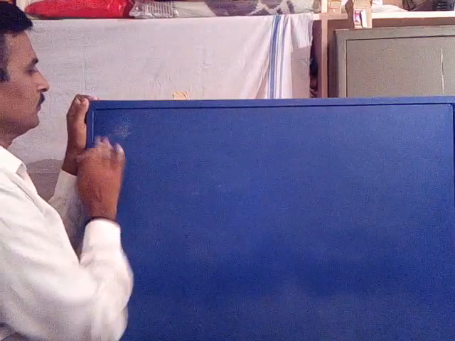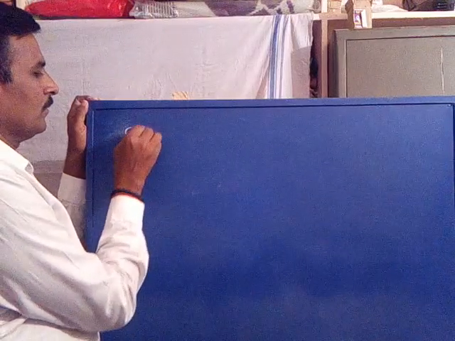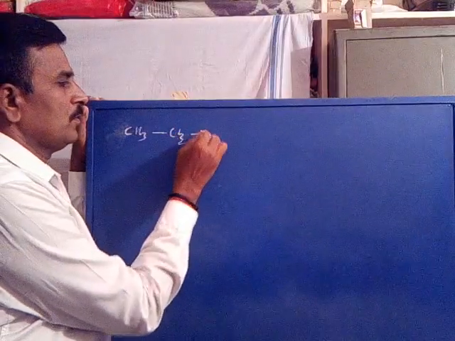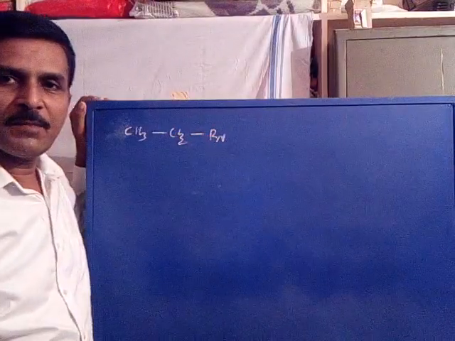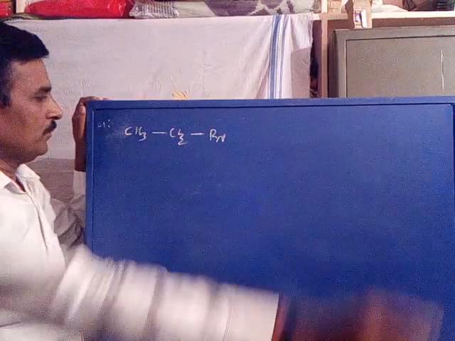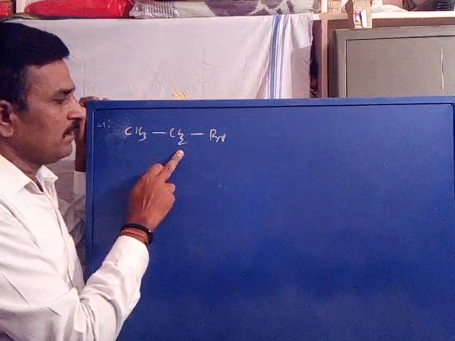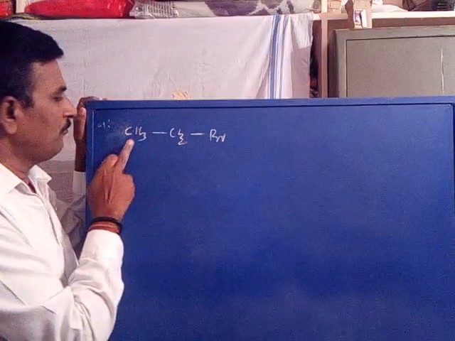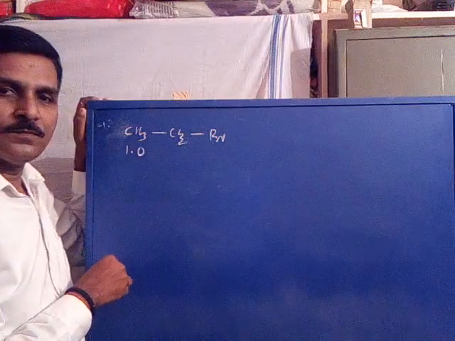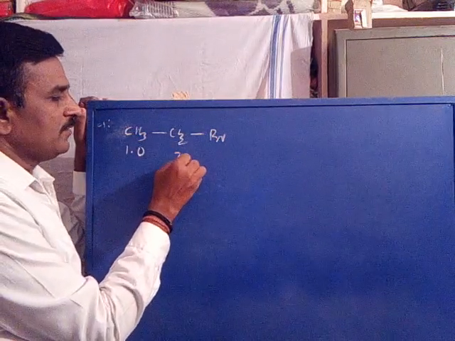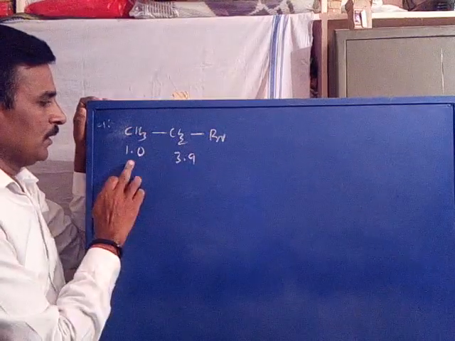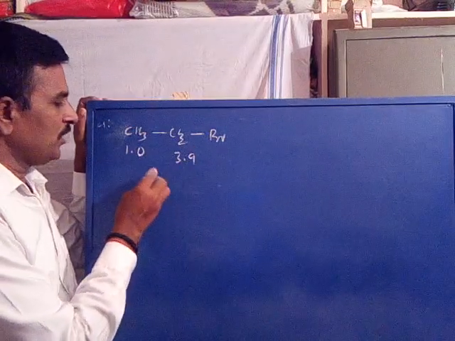Now, CH3 CH2 Br, whatever it may be. Now this is an example. CH3, CH2 and Br, where CH3 appears at 1.0, CH2 appears at 3.9. Now the frequency difference between these two is too large.